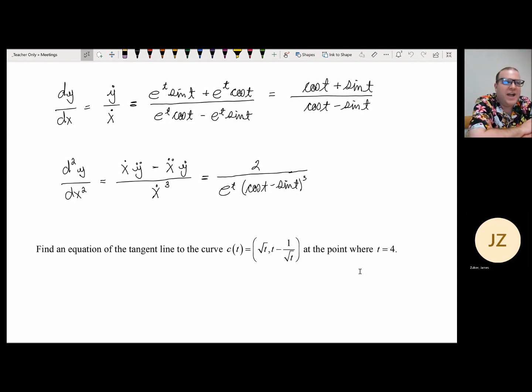Now we're going to go ahead and actually find the tangent line to the curve root t, t minus 1 over root t, at the point where t is equal to 4. Remember what the equation of the tangent line is.